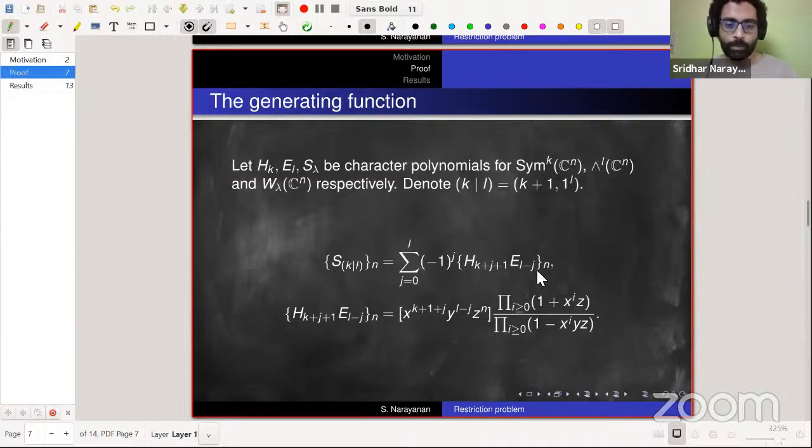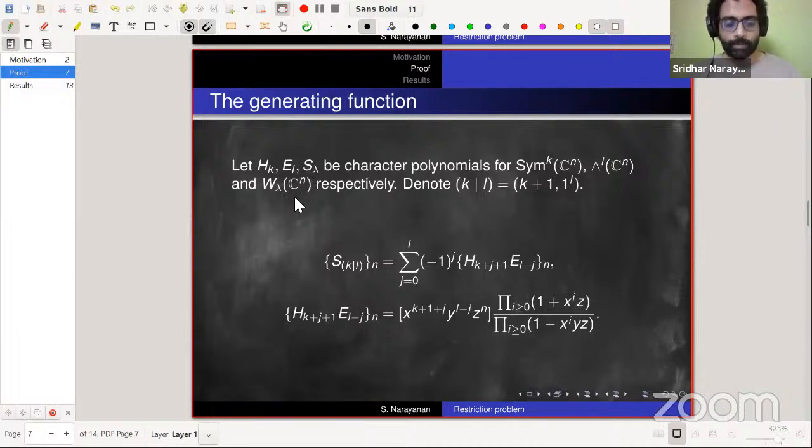So these are all of the parts of the setup. We are going to basically interpret the generating functions associated to character polynomials. And as I said, we'll directly start with the generating functions. So let's fix some notation here. The character polynomial of an irreducible representation of the general linear group W lambda, of course restricted to Sn, we will denote by S lambda.